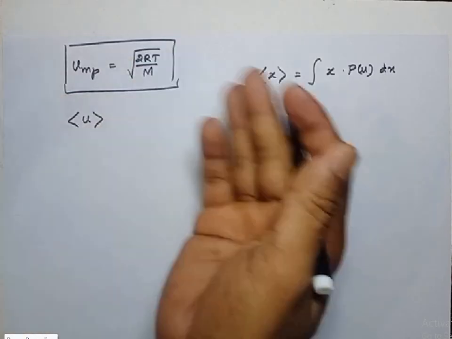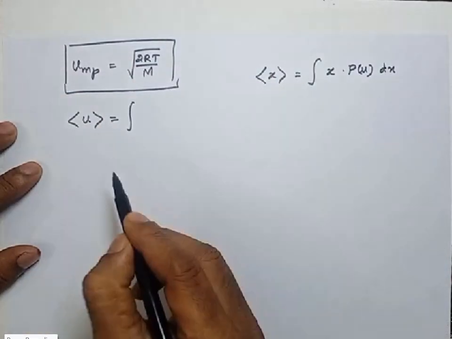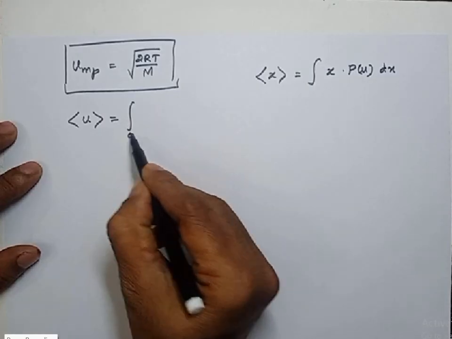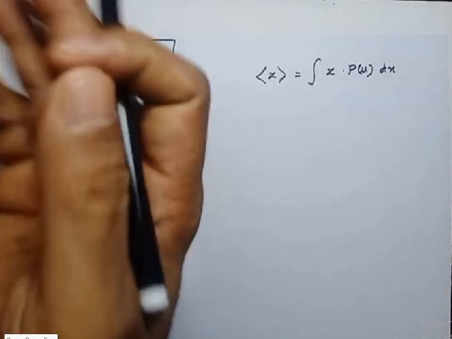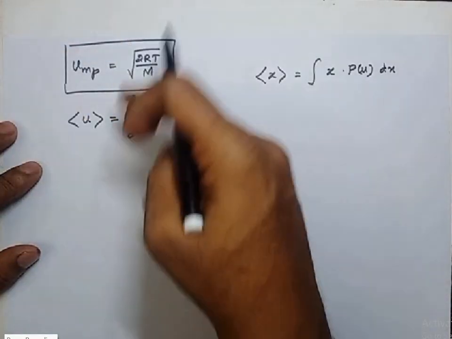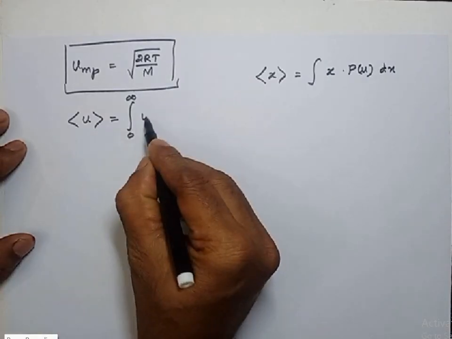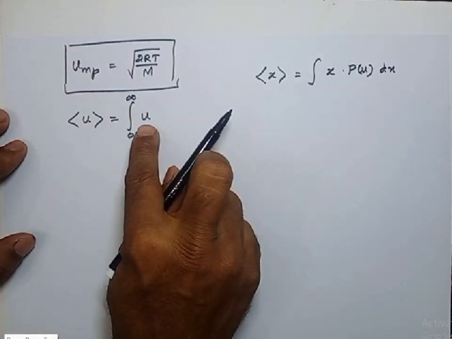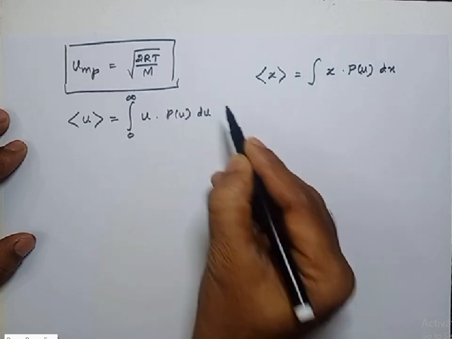Now, what is the average velocity? I am going to use the same formula. Average velocity is equal to the integral. Some molecules may have zero velocity, and some may have very high velocity, say infinity, so velocity is distributed from 0 to infinity. To get the average, in the place of x you put u into P of u into du.